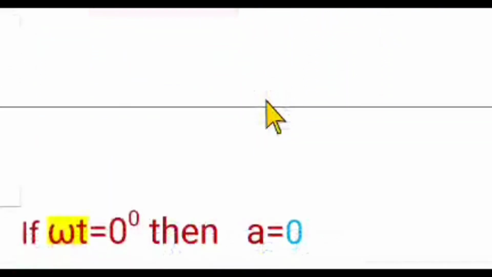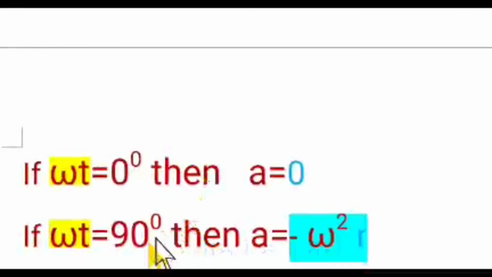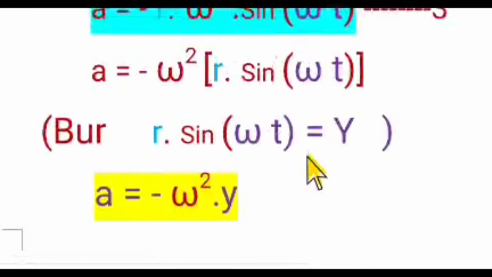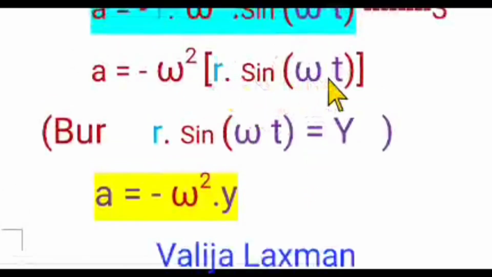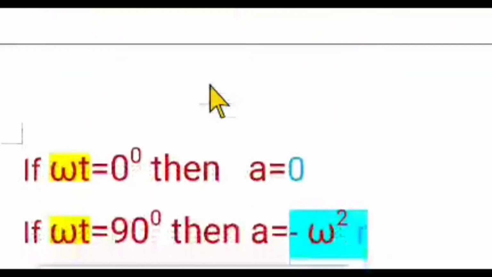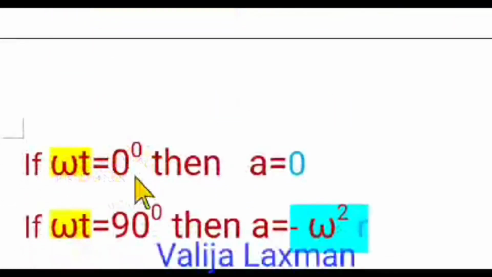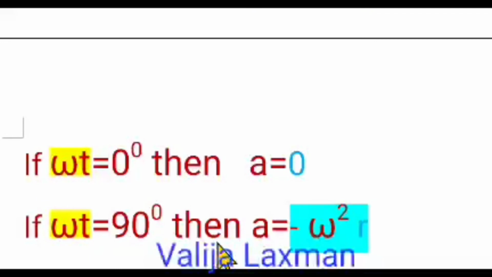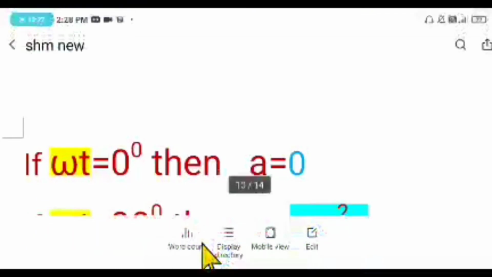In the same way, if you substitute omega t equal to 90 degrees here, then A is equal to minus omega square r, because sine 90 becomes 1. So these are the values of acceleration at the mean position and at the extreme positions. I must be able to remember the values at the mean position and at the extreme points.